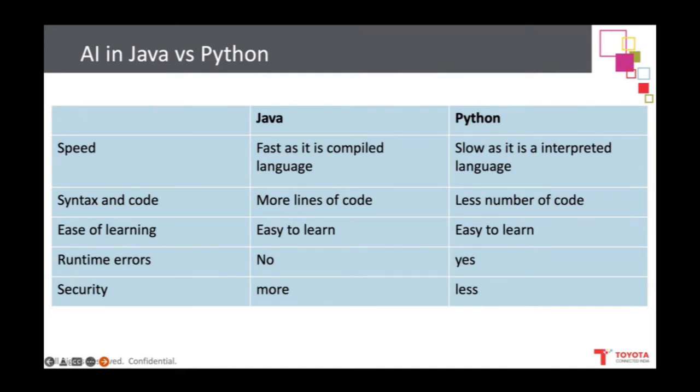But in Python, we will not get any compile time errors; Python code will run even though there are errors. So there is a good chance of getting runtime errors when we are running the application. Security, as I said, Java is more secure when compared to Python.